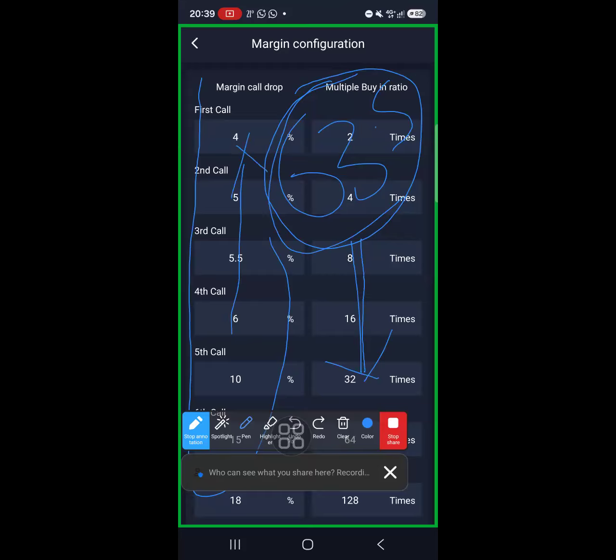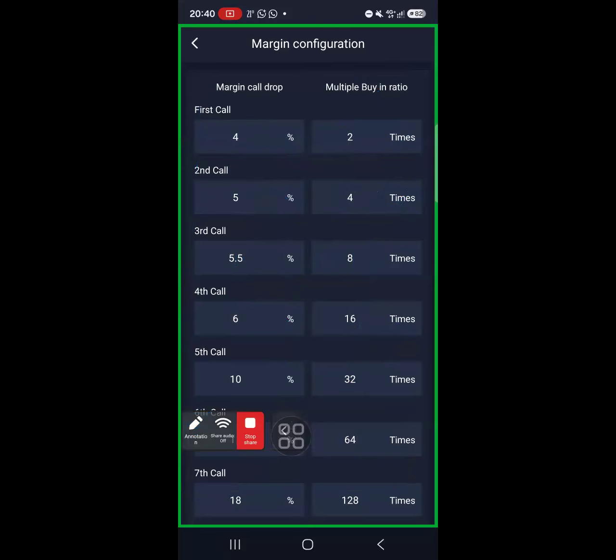When you are longing the market in futures, for your robot to buy your margin calls, price should drop. But when you are shorting the market in futures, price should go up for the robot to buy your margin calls, because going up is against you, since you said price should go down. Is this clear, ladies and gentlemen?